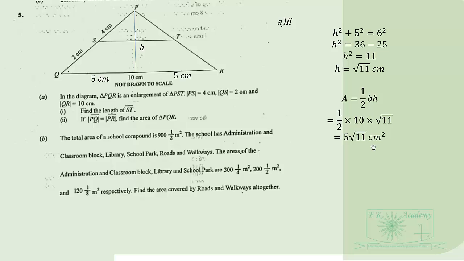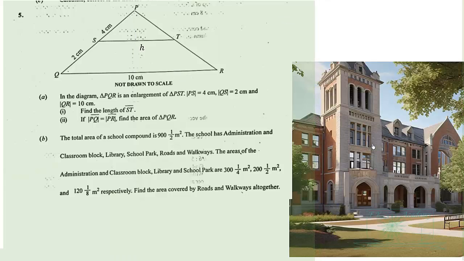Okay, now the B part. The total area of a school compound is 900 and a half meters squared. The school has administration and classroom block, library, school park, roads, and walkways.